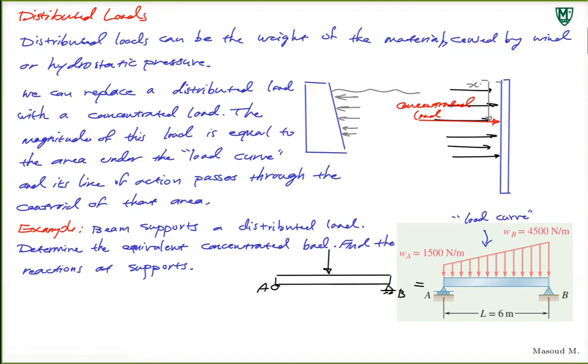Our task is to find the magnitude of this load, and where it should be located from one end of this beam, with respect to any reference, either point A or point B. And that's how we achieve this, following what I mentioned in the previous paragraph. We find the centroid, and that's where the load should be located. We find the area under this load curve, and that would be the magnitude of it.